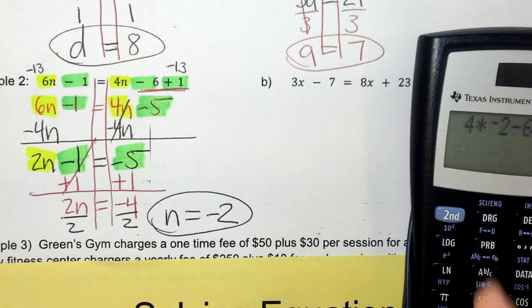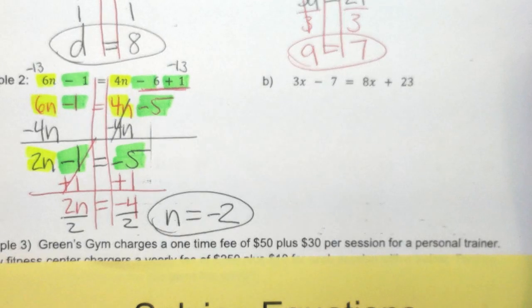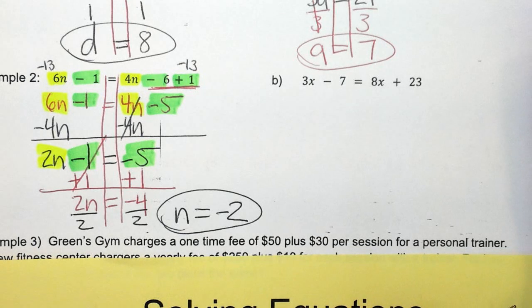Okay. I want you to try Got It B right now. So highlight first, then move our variables, move our constants, solve, and I do want you to actually check your answer.